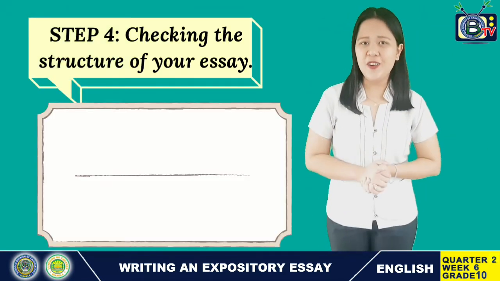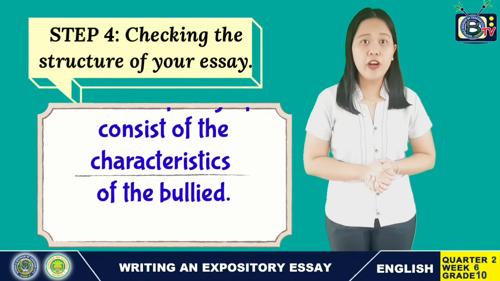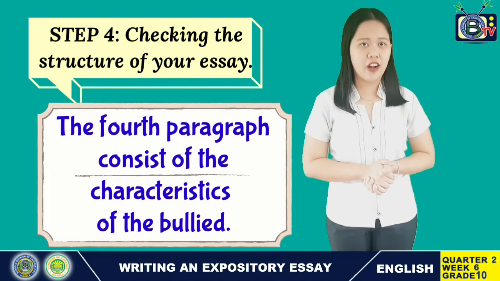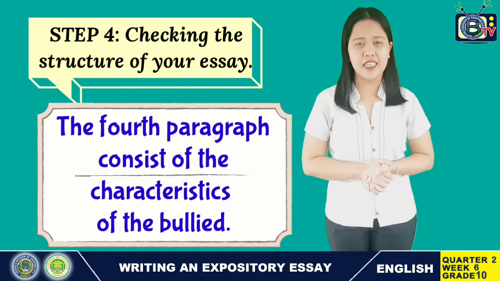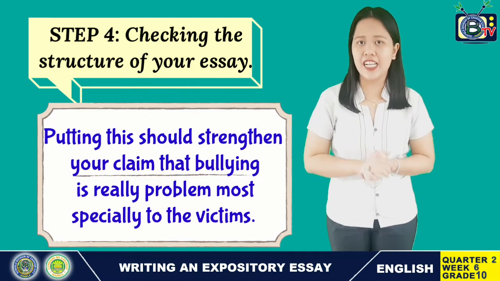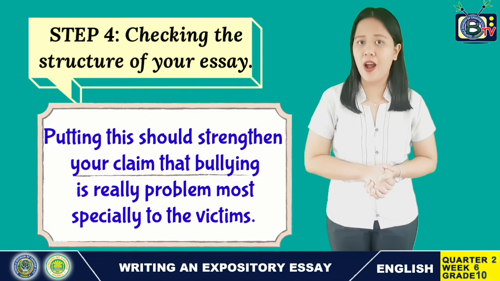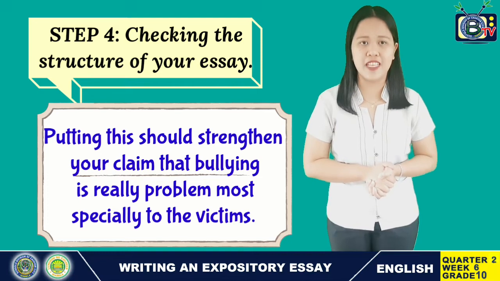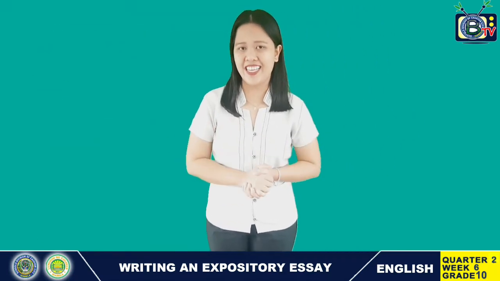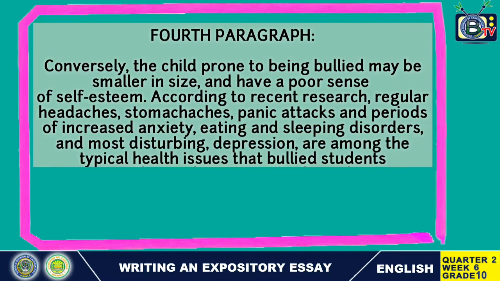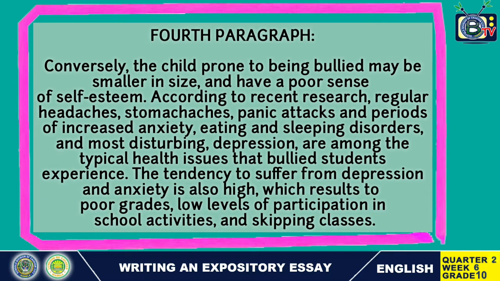Now, let's go to the fourth paragraph. The fourth paragraph consists of the characteristics of the bullied. Putting this should strengthen your claim that bullying is really a problem, most especially to the victims. It goes this way. Conversely, the child prone to being bullied may be smaller in size and have a poor sense of self-esteem.